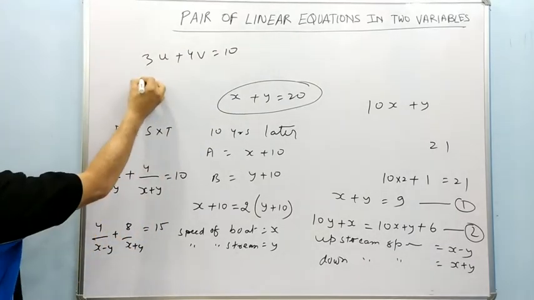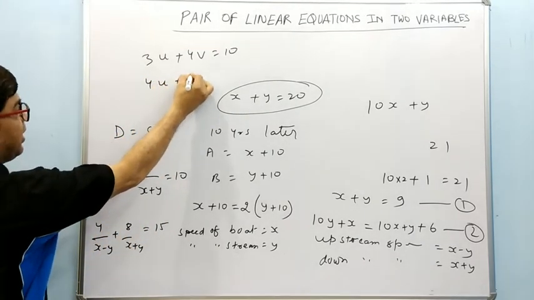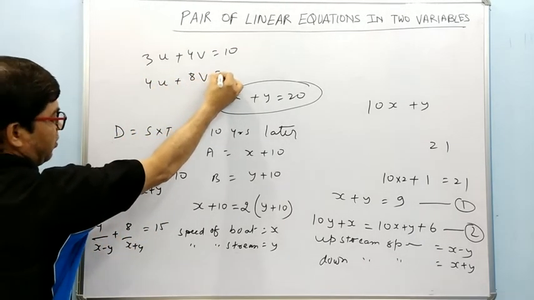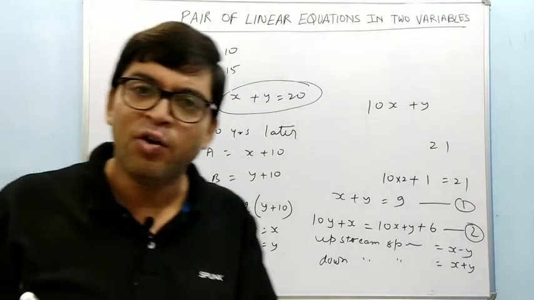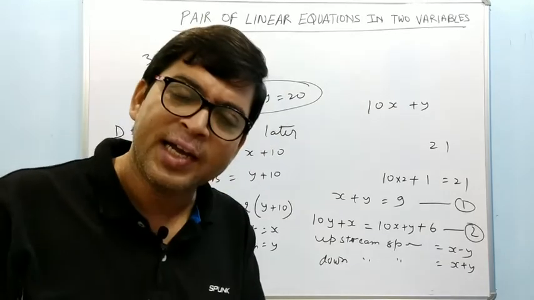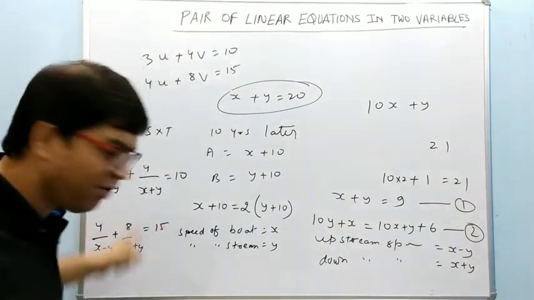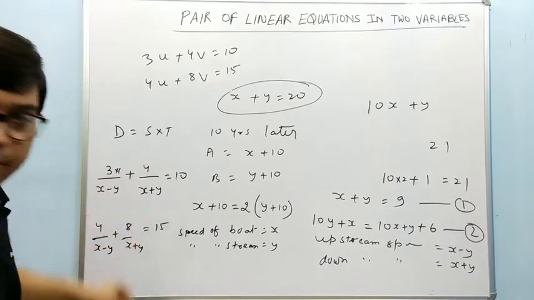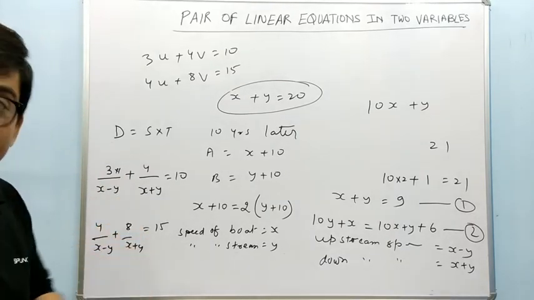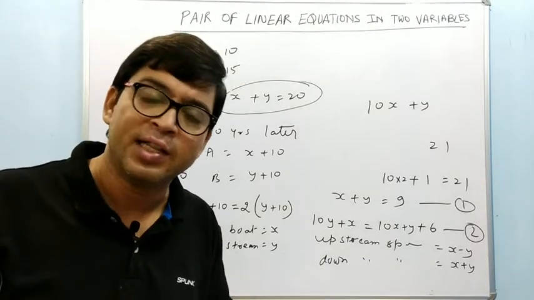Same way, another equation will be 4u plus 8v is equal to 15. We can solve the two equations and get the values of u and v. Once we get the values of u and v, we can get the values of x minus y and x plus y and solve them and get the values of x and y.